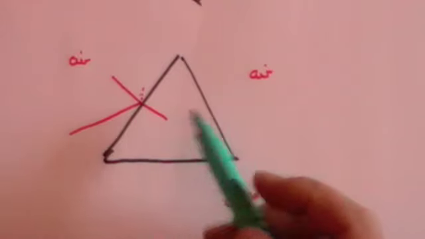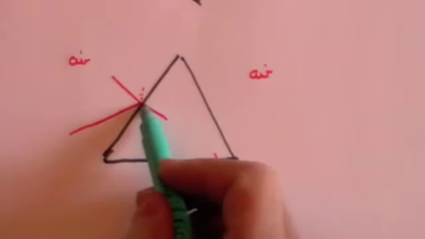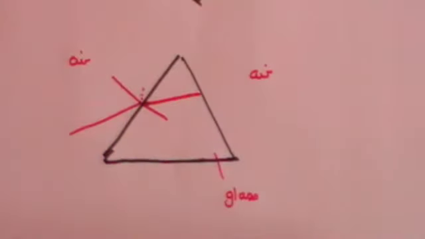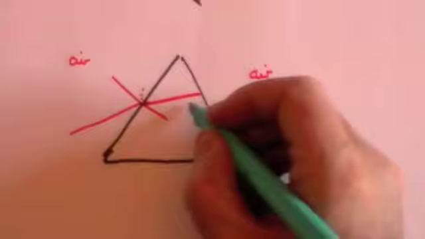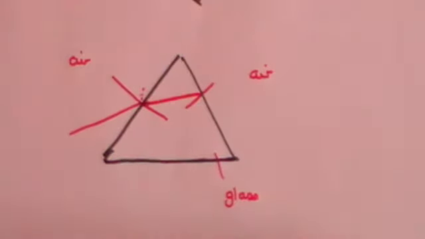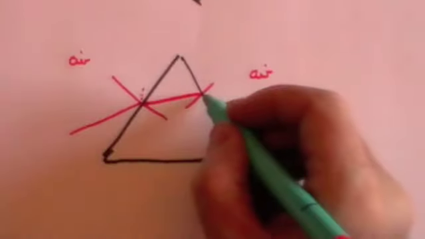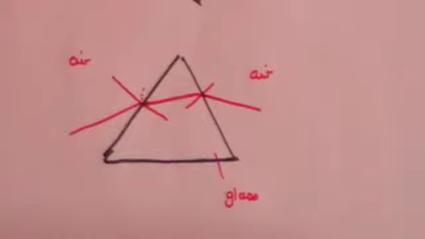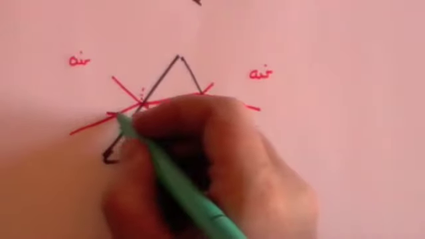So if we're going from air to glass, we're going to be refracted towards the normal, something like that. Then when we hit the surface, we're now going to be refracted away from the normal, because we're going from glass to air. So the progress of red light through our prism looks something like that, nothing exceptional.